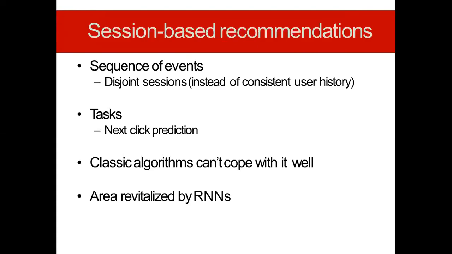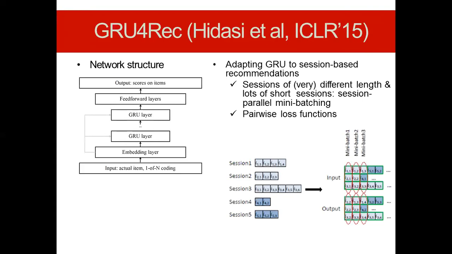For example, the task would be the next click prediction. Based on the previous clicks, whether you click on the next item. So we can apply this GRU. The GRU is just a simplified version of LSTM. The input is the actual items you click on.